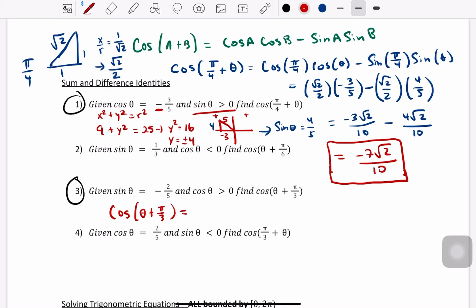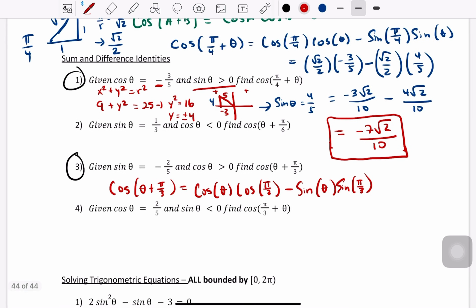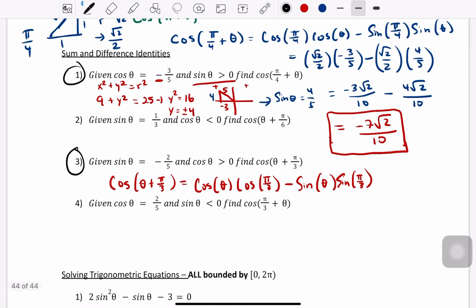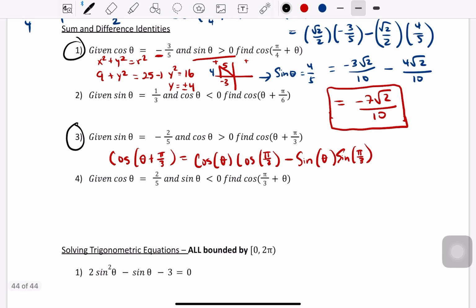And I expand the formula. Cos A, which is theta, times cos B, which is pi over 3, minus sine A, which is theta, times sine B, which is pi over 3. And at this point, we just execute. So I'm going to do as much as I can.